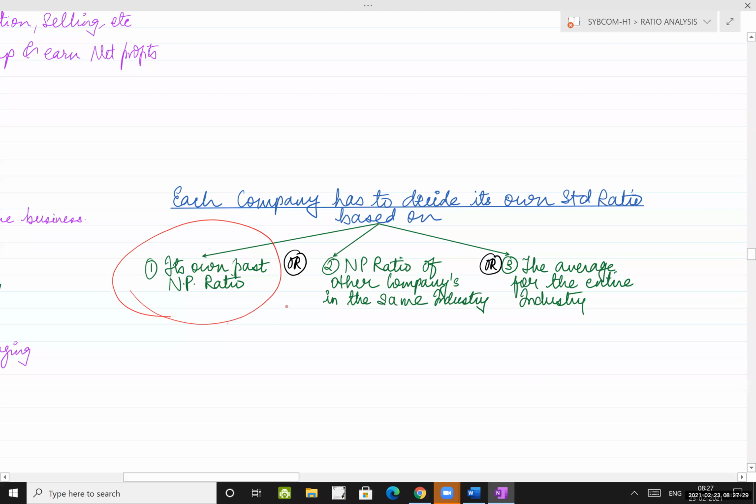Based on past net profit, based on the net profit of others in the same nature of business, and average net profit for the entire industry. Is it clear till here? Just acknowledge in the chat box.